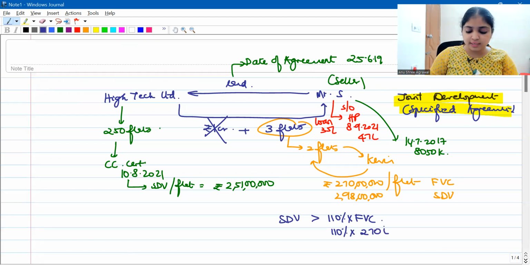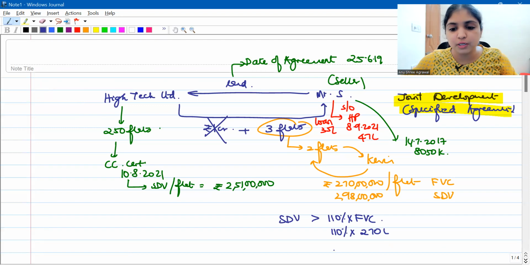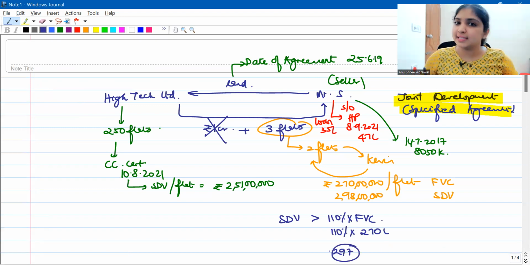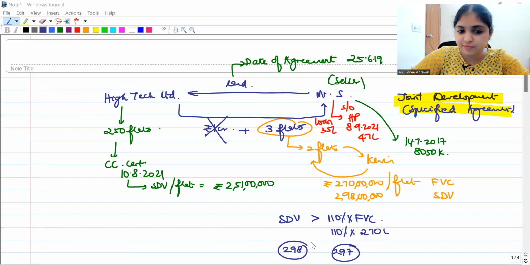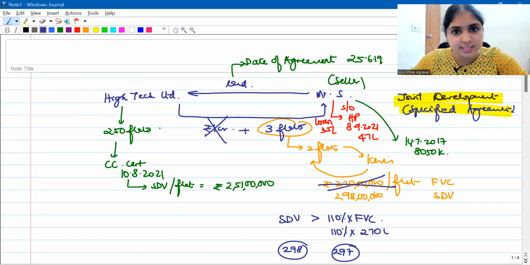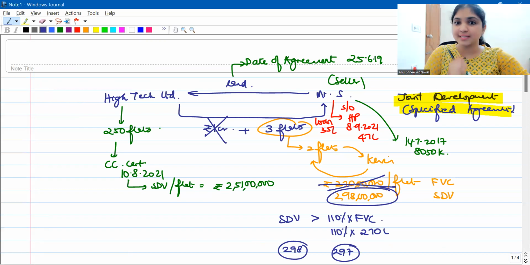So 2 crore 70 lakhs into 110% would be 2 crore 97 lakhs. SDV is 2 crore 98 lakhs. SDV is more than 110% of FPC. Hence, we will ignore the actual FPC and instead we will stick to the SDV number. You agree with me, guys? Yes, SDV is more than 110% of the full value consideration.